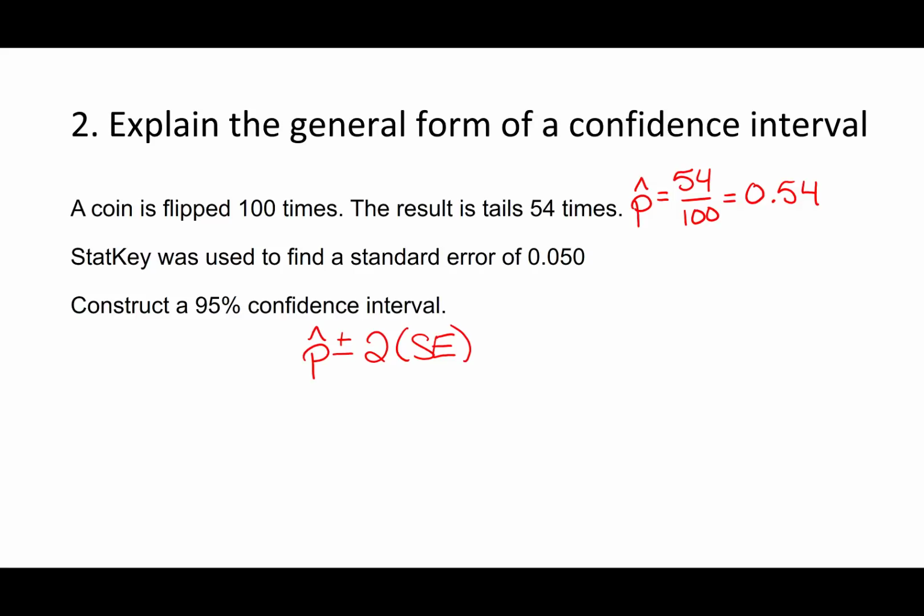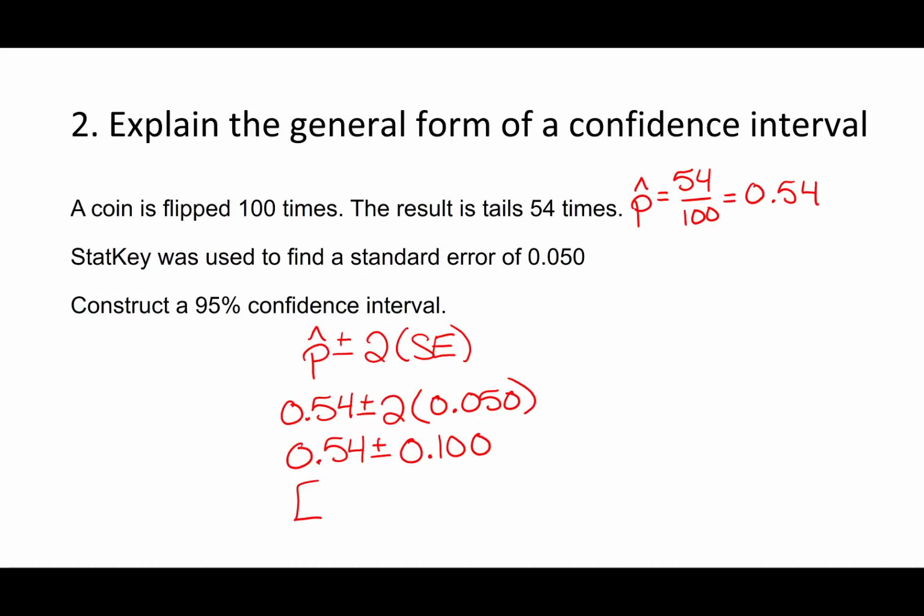Our sample proportion was 0.54, and we were given a standard error of 0.050. 0.54 plus and minus the margin of error of 0.100 gives us a 95% confidence interval of 0.440 to 0.640.